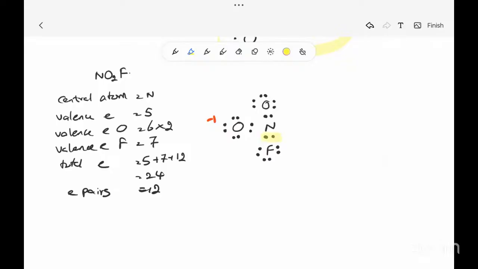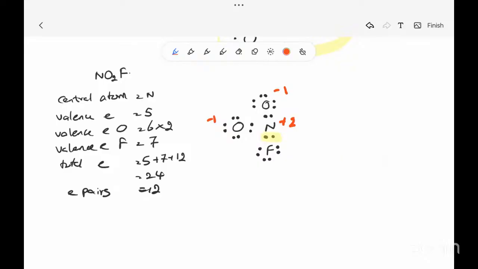So there is no formal charge for fluorine, right? Then here we have -1 charge. In terms of nitrogen, we have placed 3 electrons. It needs to have 2 electrons more, so it will induce a +2 charge here.